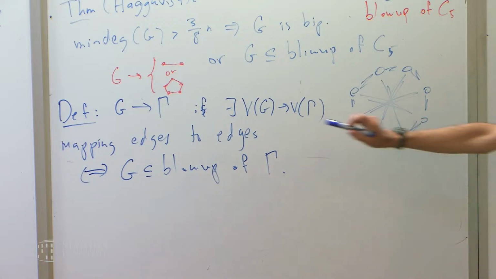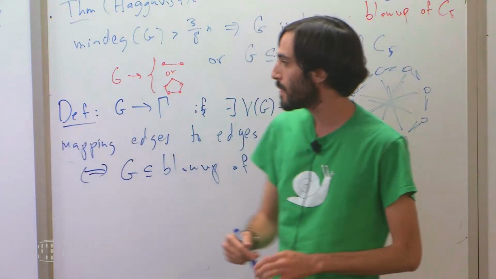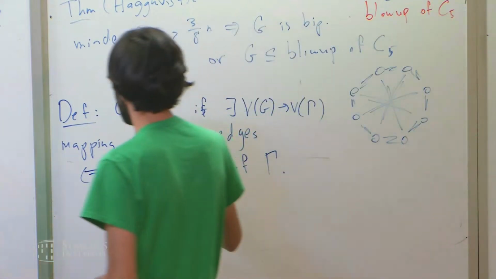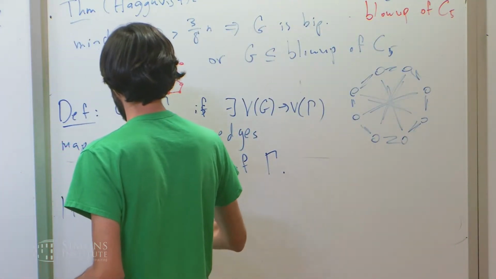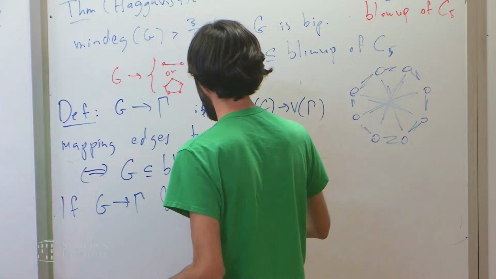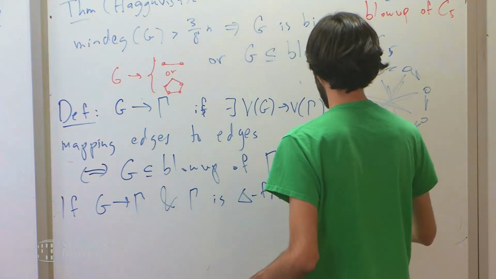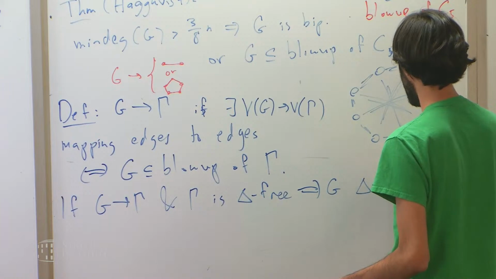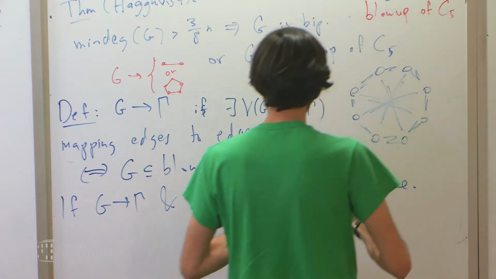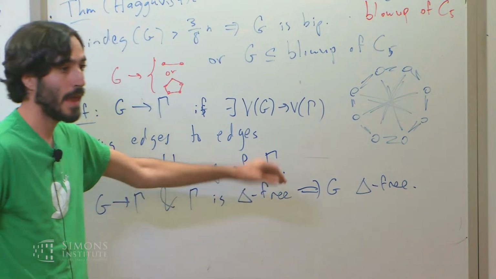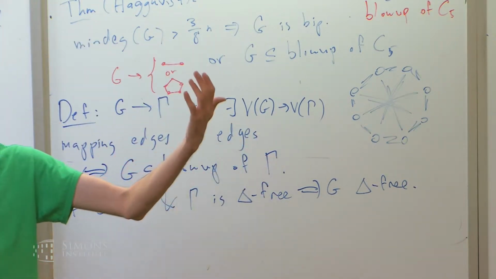Just to get back to what I was saying back here, the important observation is that if G is homomorphic to gamma and gamma is triangle free, that implies that G is triangle free as well. This is, I think, hopefully not too hard to check. If gamma has no triangles, when I blow it up, I still will not have any triangles.